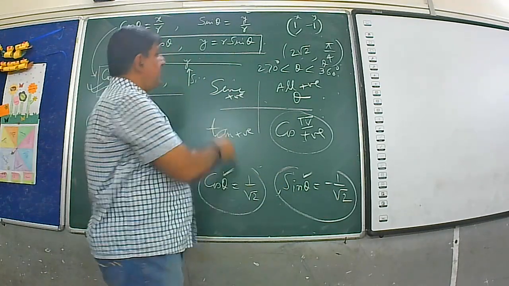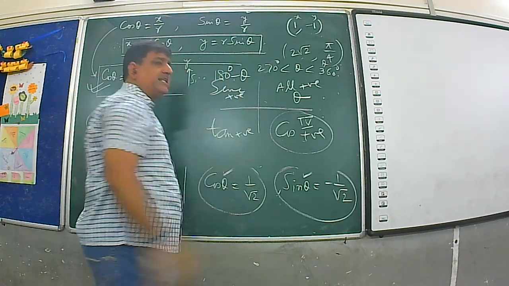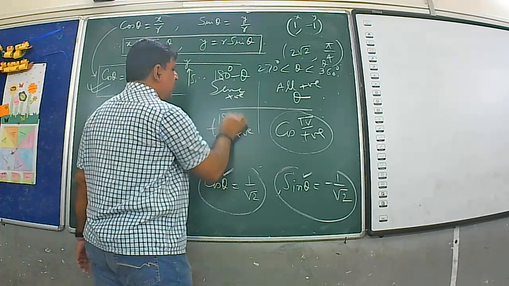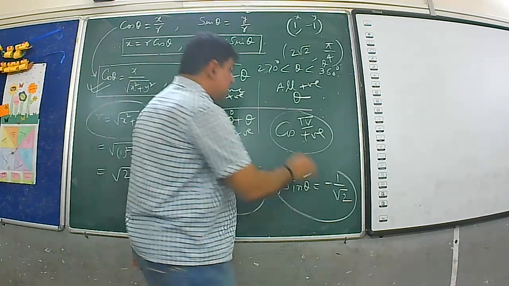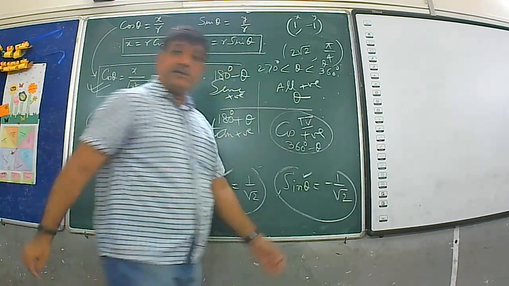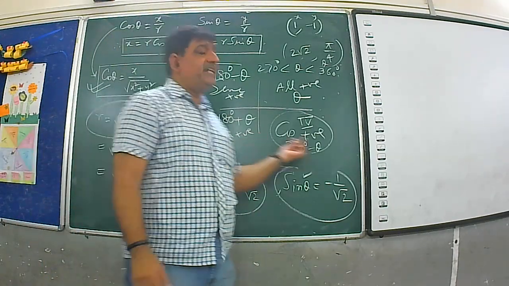But if it lies in the second quadrant, you must apply this adjustment rule, that is 180 degree minus theta. For the third quadrant, you must apply 180 degree plus theta. And for the fourth quadrant, you must apply 360 degree minus theta. Remember it. Some students may ask, why not sir, 270 plus theta?